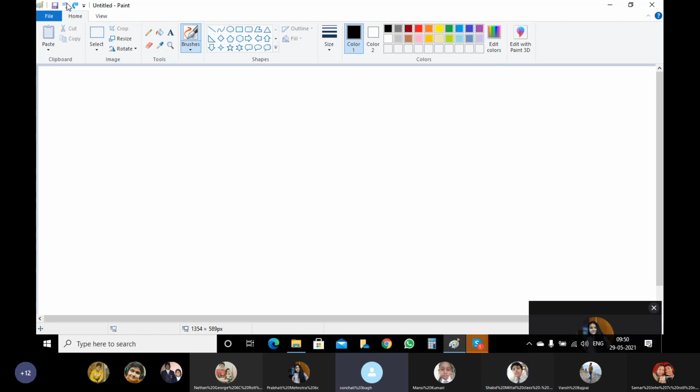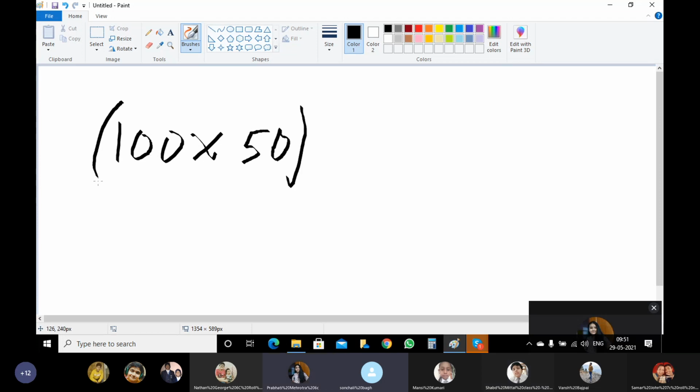Let's read the question first. Quotient from product means product will be written first: 100 multiplied by 50, right? Divided by, yes. What is the quotient here? 100 divided by 50, right?